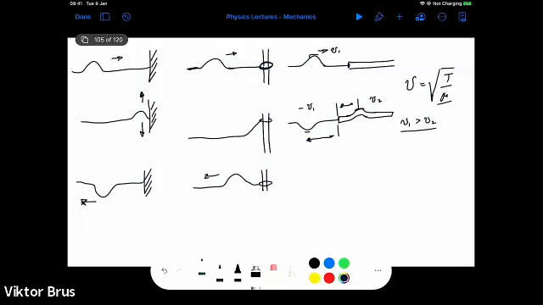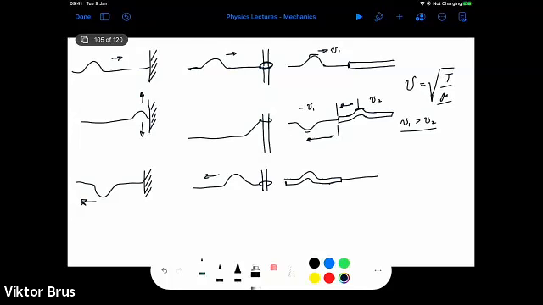If we have the opposite picture, let's say the original pulse moves through the thicker string, and it has an interface with the thinner one, then it will also experience some reflectance and transmittance.